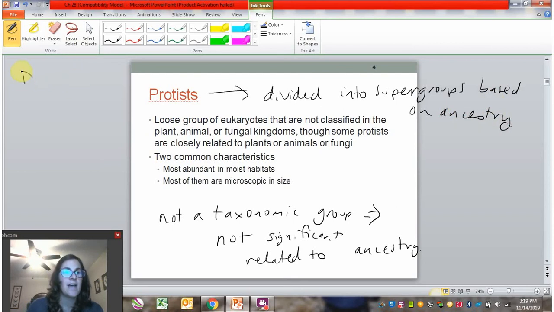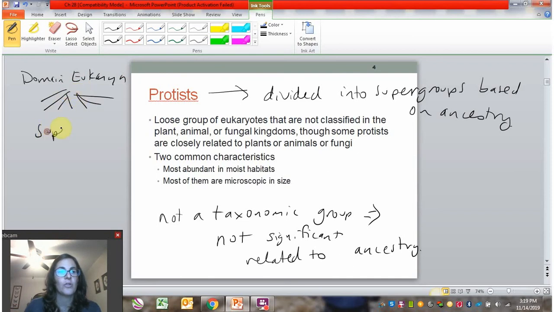So when we look at taxonomic ranks, domain eukarya is broken into several supergroups. And protist is not a supergroup. So instead, we're going to see that this loose categorization is broken into several supergroups, but protist is not a supergroup. So again, that's why we say loose group. It's not aligning with these taxonomic ranks. It's not aligned to evolutionary history.